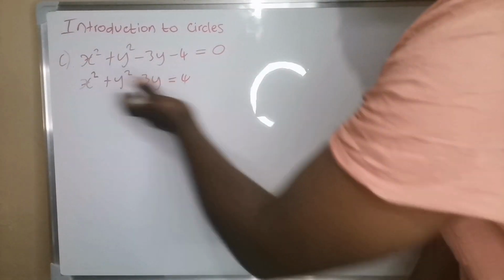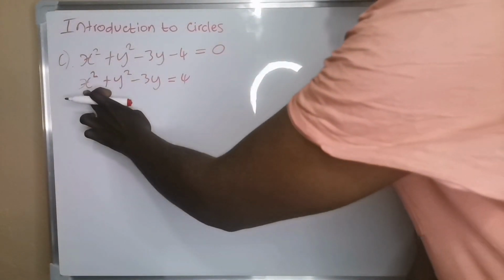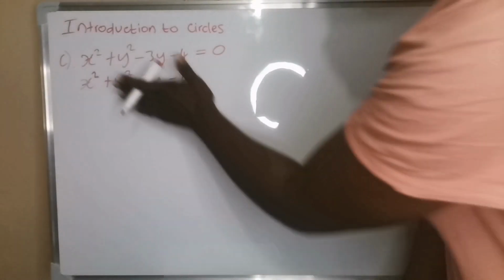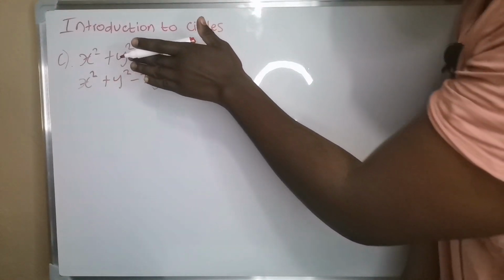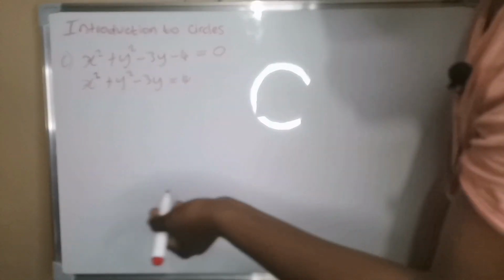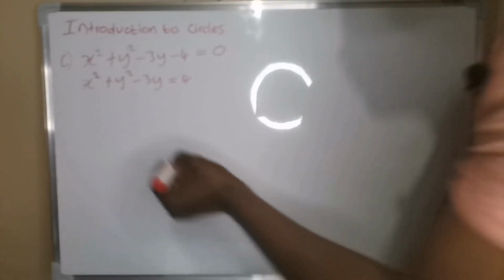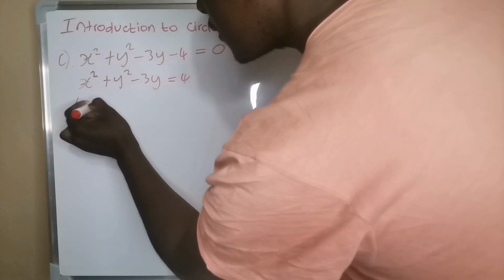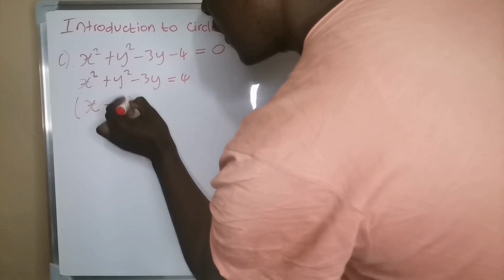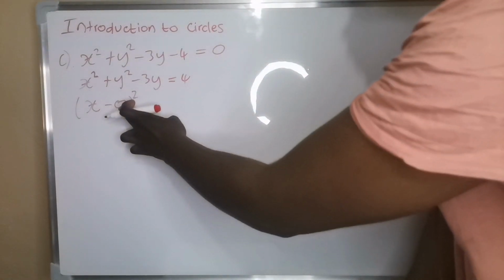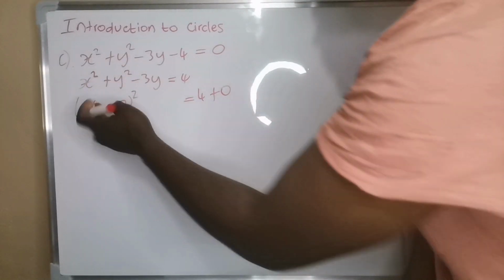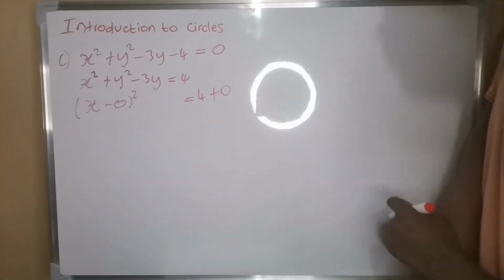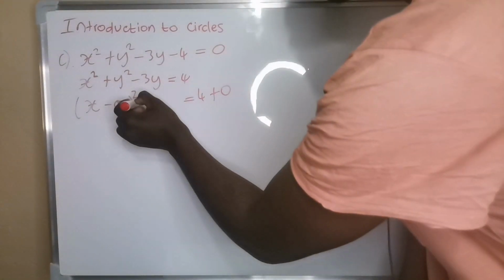For x squared, there is no coefficient of x, therefore you don't need to go through the process of completing the square. We only have x minus 0 squared. Then this is 0, and here you are going to have 4 plus 0. 0 divided by 2 is 0, 0 squared is 0, added on the left and on the right.